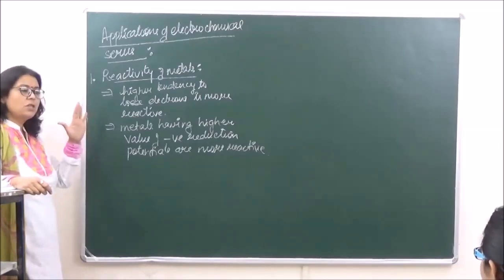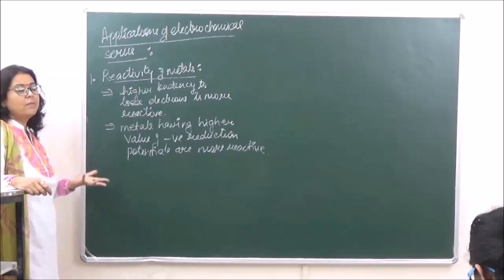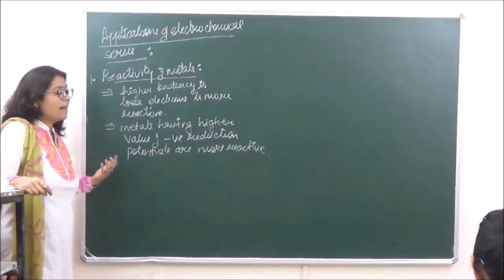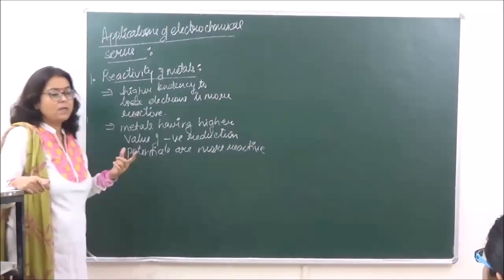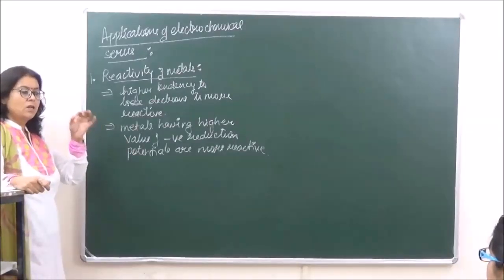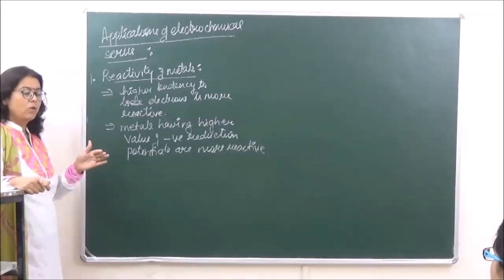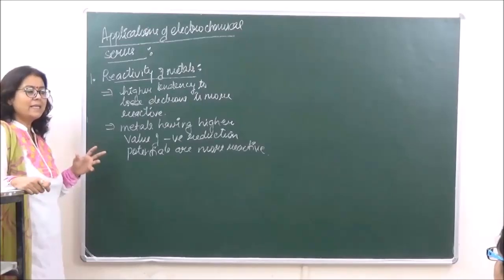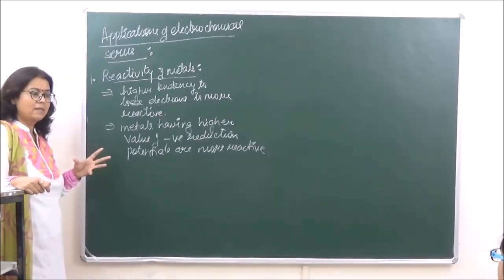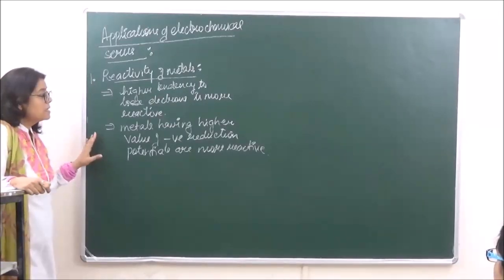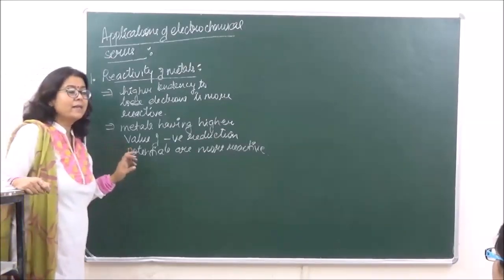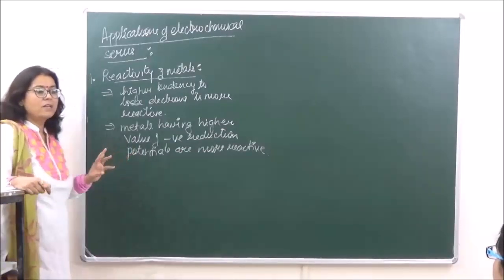If the ionization energy is low, the electron can be easily removed. But in case of alkali metals, lithium is the first metal of the group, so its ionization energy should be very, very high, isn't it? But still, lithium has the highest value of reduction potential.